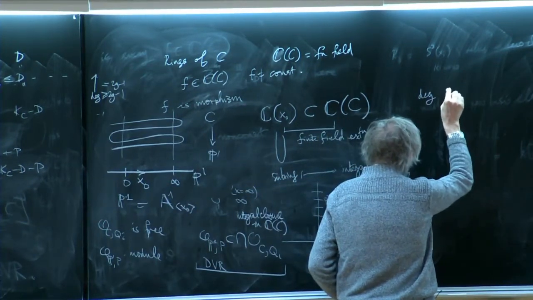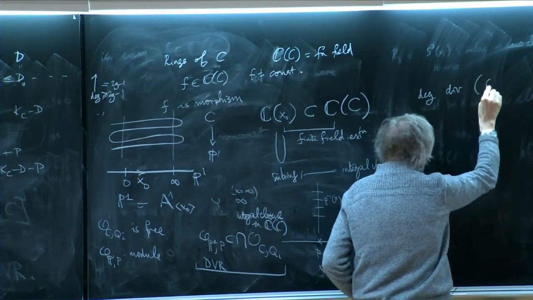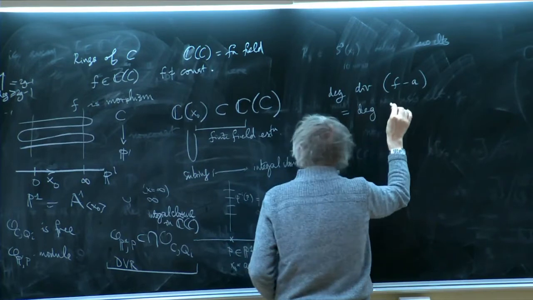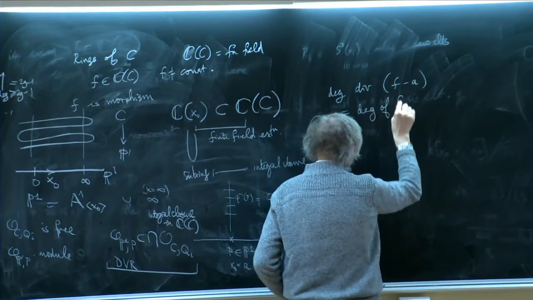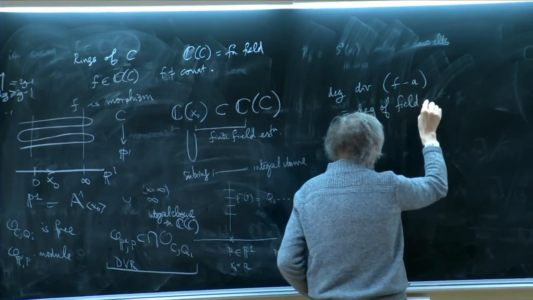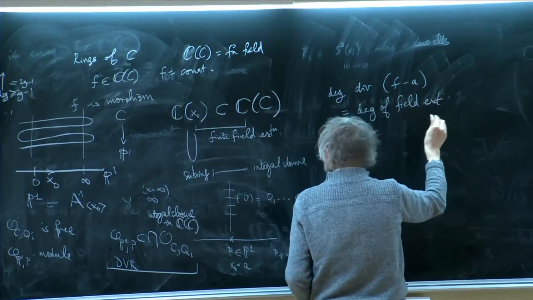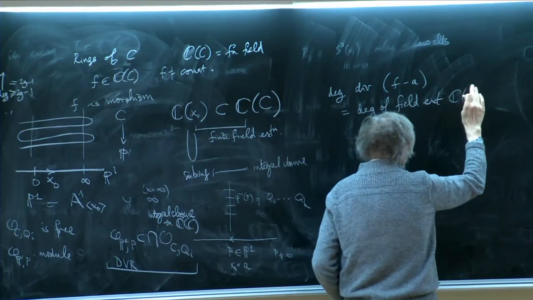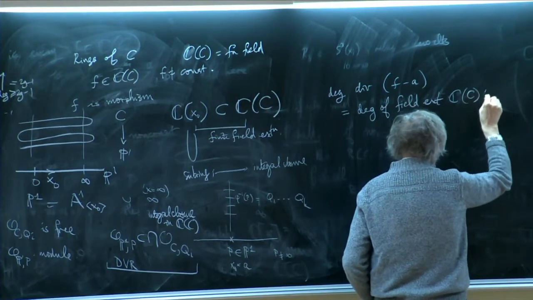the divisor of f minus a is equal to the degree of the field extension C(x naught) in C(C).